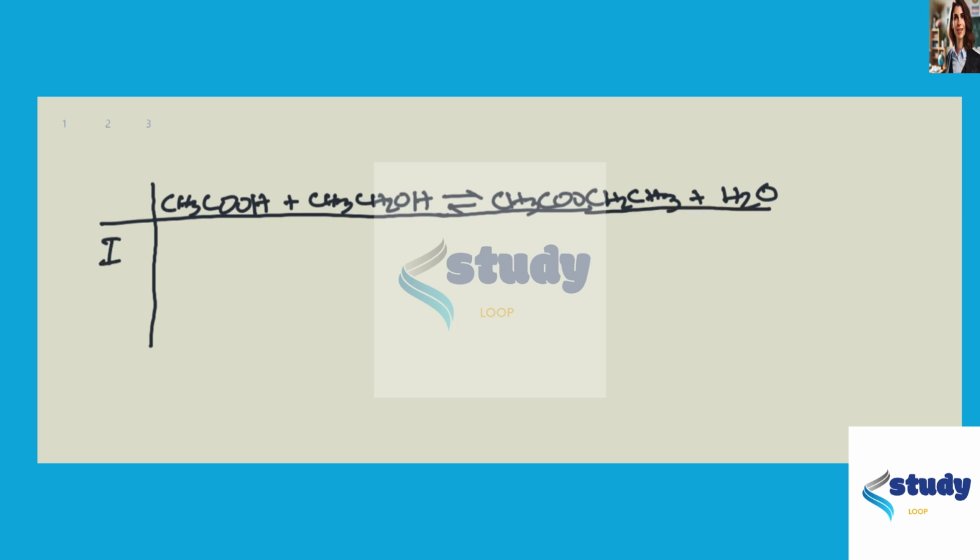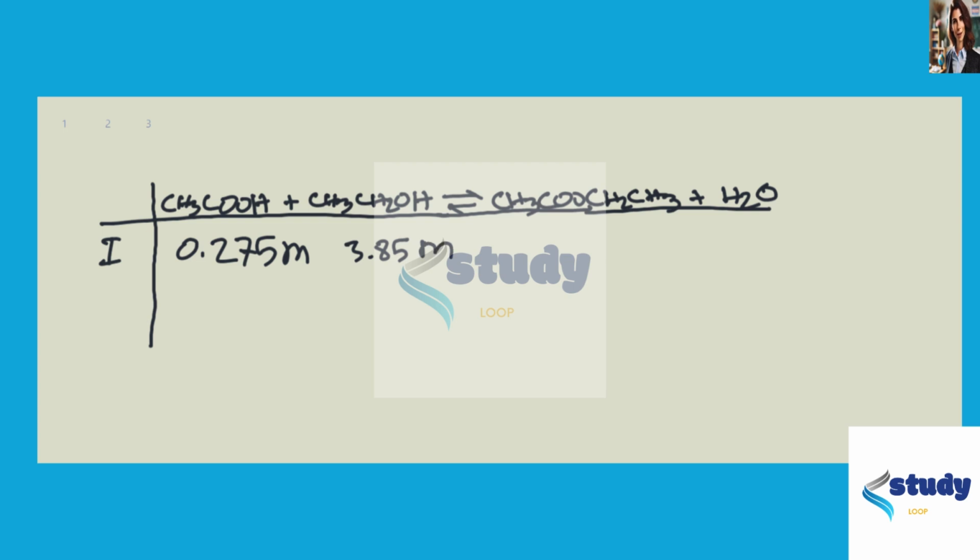The initial concentrations for both the reactants are given. For acetic acid it is 0.275 molar, and for ethanol it is 3.85 molar.